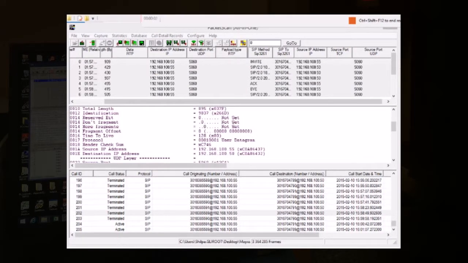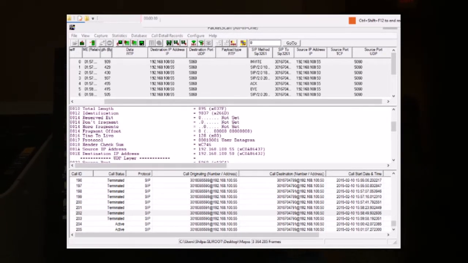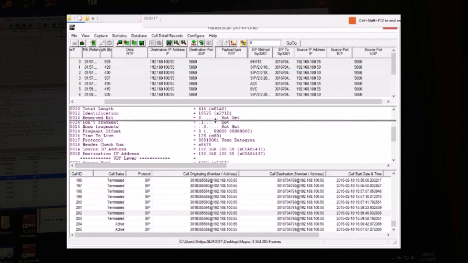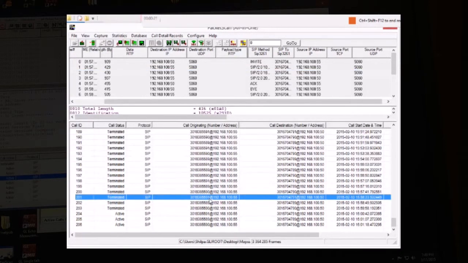Okay, continuing with our PacketScan analyzer, as I had said, PacketScan can collect all of the packets associated with a single call, and it can build call data records. Here I've highlighted one of the calls that is occurring within the system.